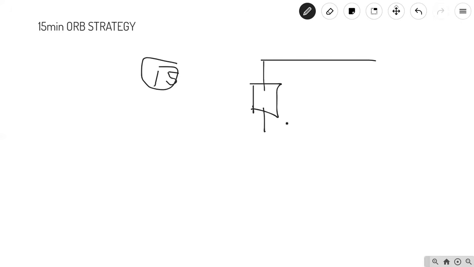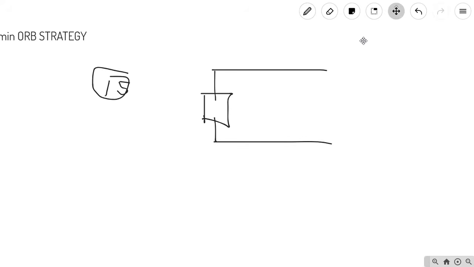So what do we do? We mark out the first 15 minutes of the session. The first 15 minutes candle, we mark out the high and the low. And what we do now is wait whether we get a closure, a body closure above or below.